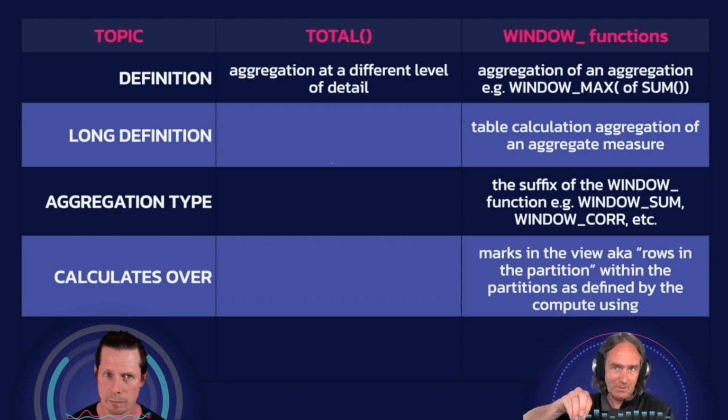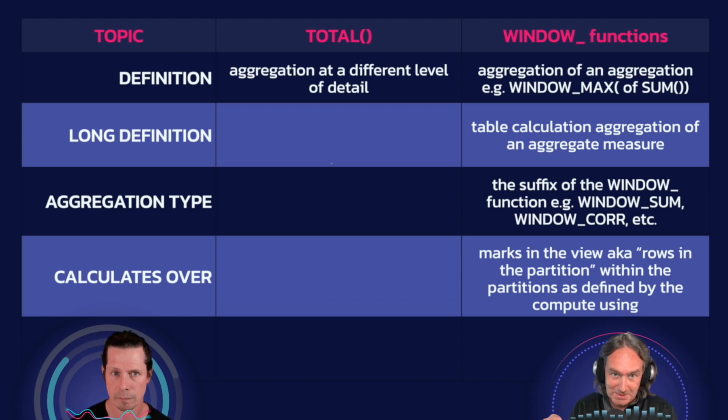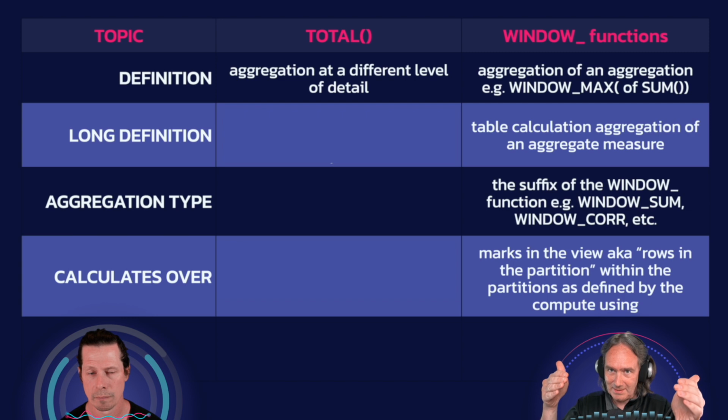Whereas total is saying, okay, whatever you've decided to do, average of value in the view, broken down by color, in this case our total is compute using across all the dimensions in the view. So the level of detail that it's going to aggregate at is all of the data versus by color.